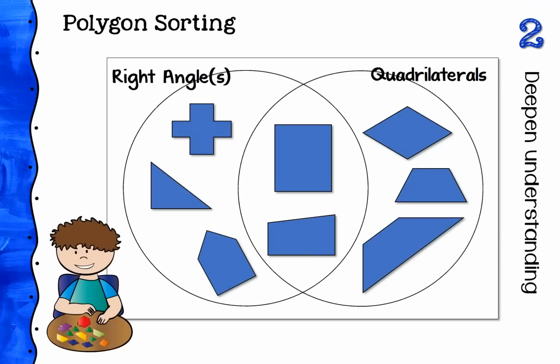I had them working in their teams, and then I had those laminated boards, and I would put up 2 qualities, or attributes, I guess, like right angle and quadrilateral, and then they stacked up their shapes, which were just cut out paper shapes, and then they took turns. Person number one would pick up one of the shapes and say, this trapezoid has right angles, it's also a quadrilateral, it goes in the middle, and then everybody would give a thumbs up if they agreed.